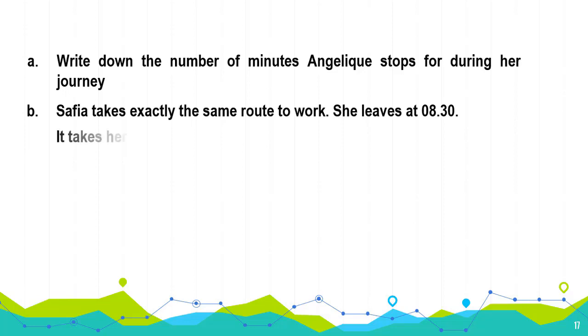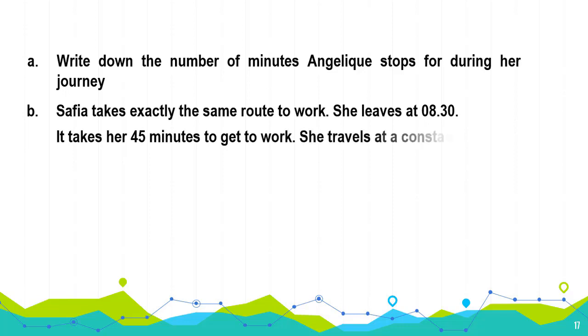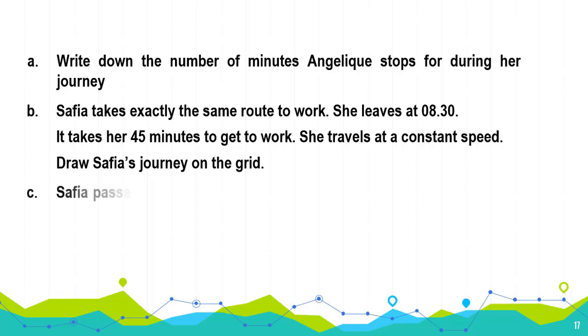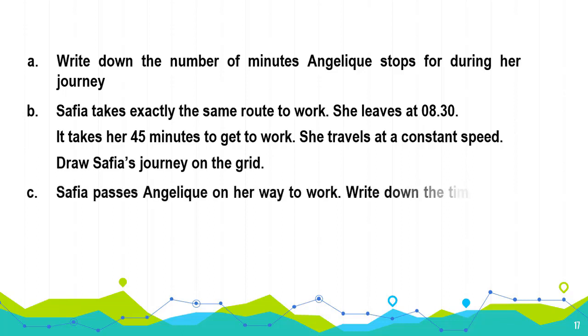It takes her 45 minutes to walk. She travels at a constant speed. Draw Sophia's journey on the grid. C. Sophia passes Angelique on her way to work. Write down the time when she passes Angelique.